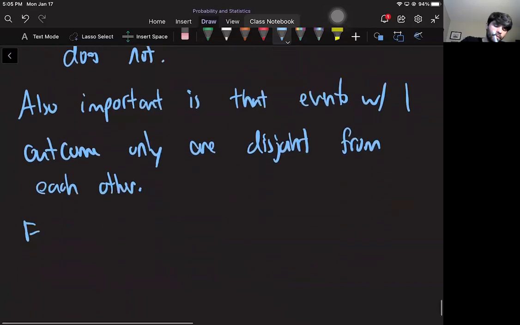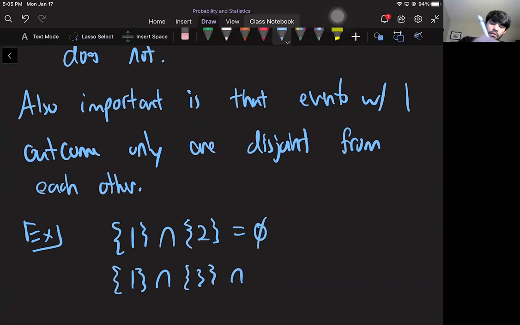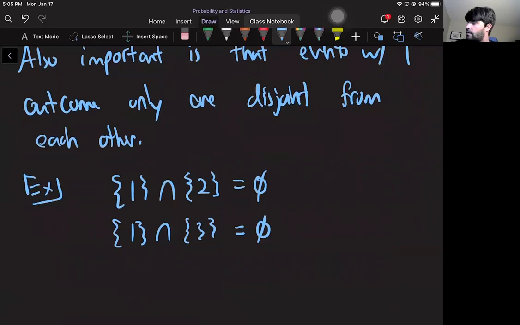So for example, with the dice roll still, the event with just the outcome 1, rolling a 1, and the event where you just roll a 2, those have nothing in common. Rolling a 1 and rolling a 3 have nothing in common, and so on like that. None of the single outcome events have anything in common.